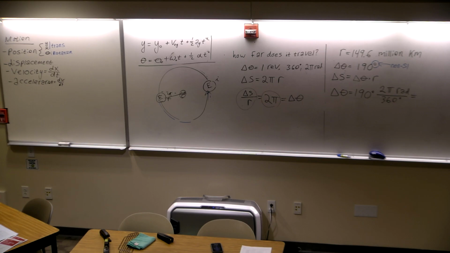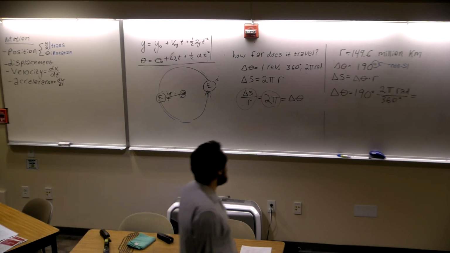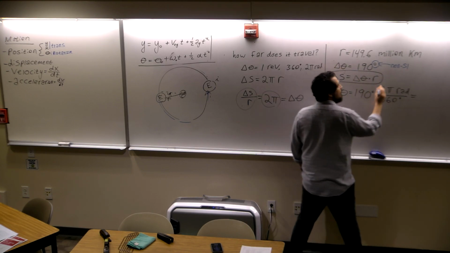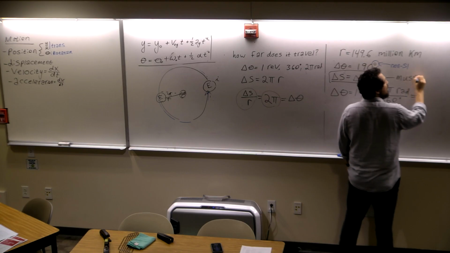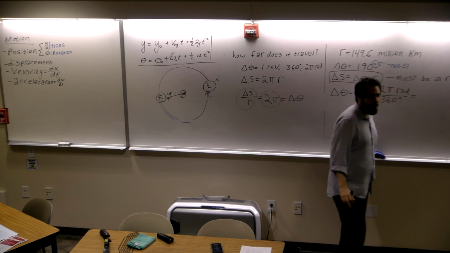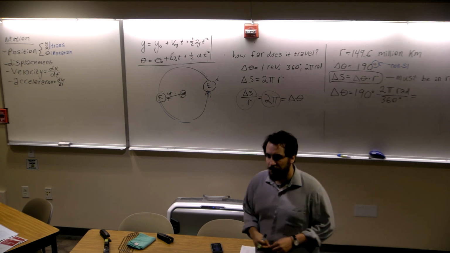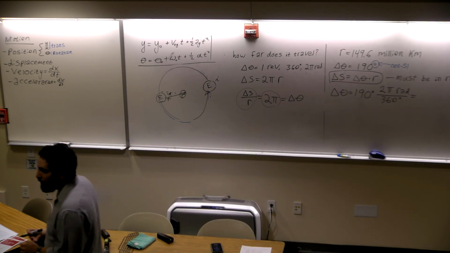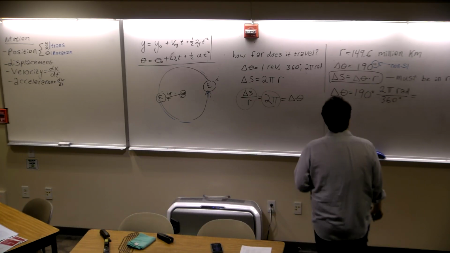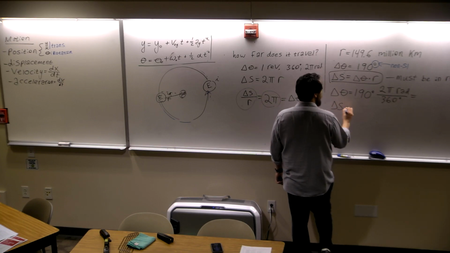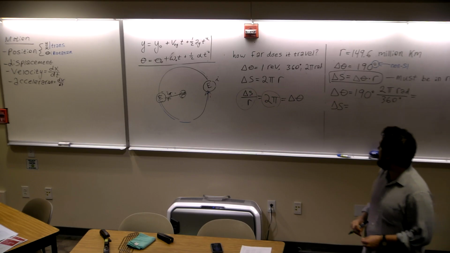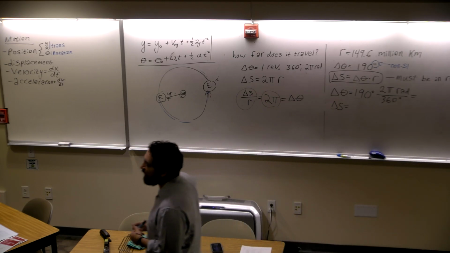Now that we have our unit in radians, we are free to use this relationship, that delta s is equal to delta theta times r. So we make a mental note: must be in radians. Not degrees, not revolutions, must be in radians. Okay, so go ahead, work it out in your calculator, share it with your neighbor, and figure out what the arc length is going to be for the Earth as it travels around the sun to subtend an angle of 190 degrees.